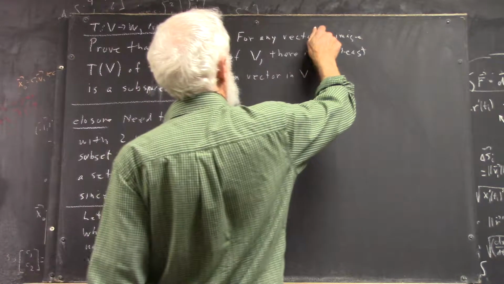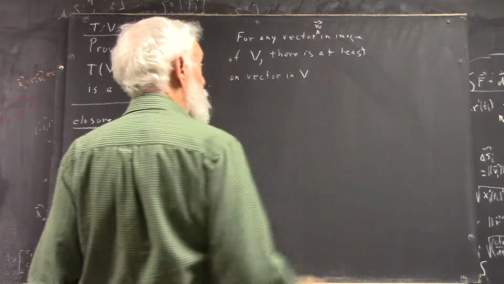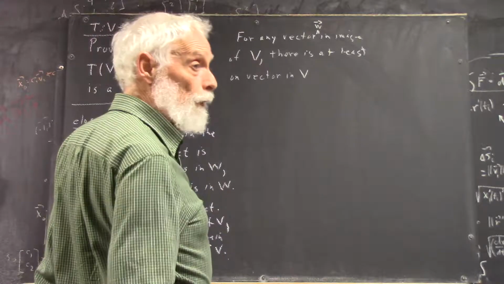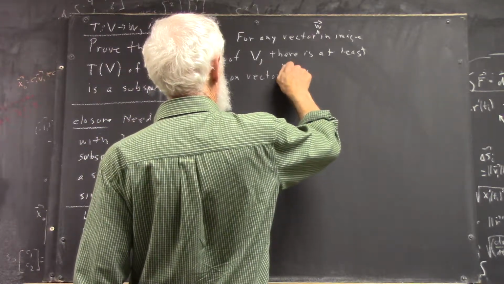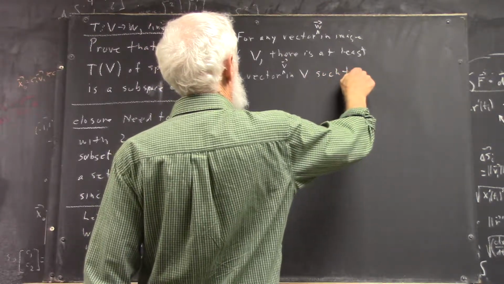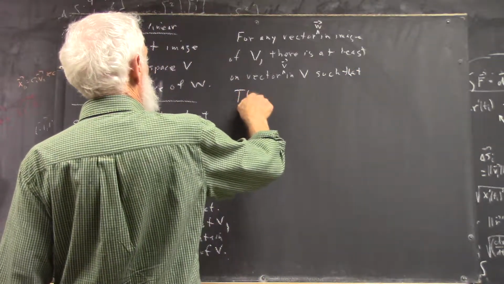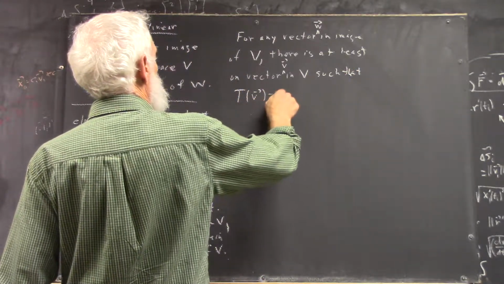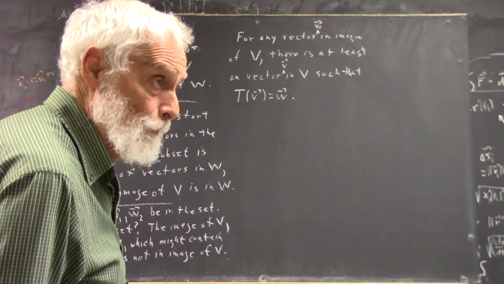So we probably want to have names for these things. We'll say for any vector W in the image of V, there's at least one vector in V, and we'll call that vector V in V, such that T of V equals W. Okay?